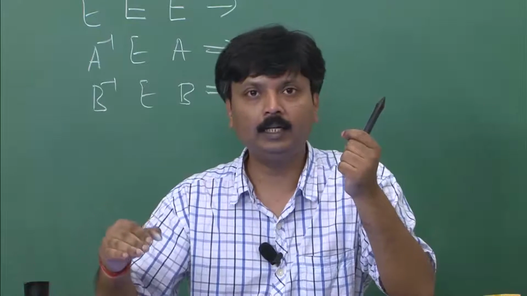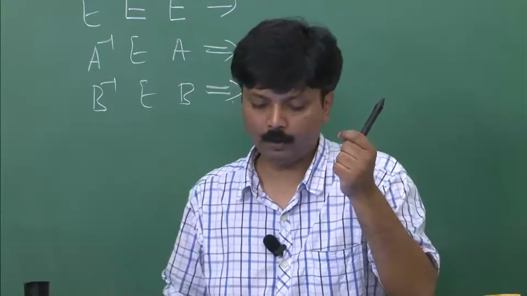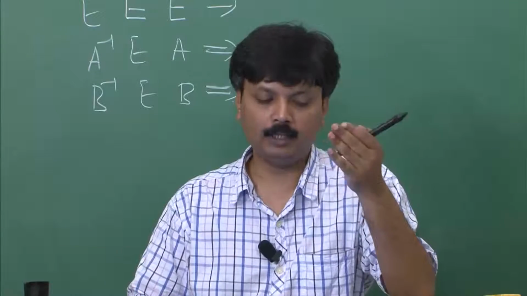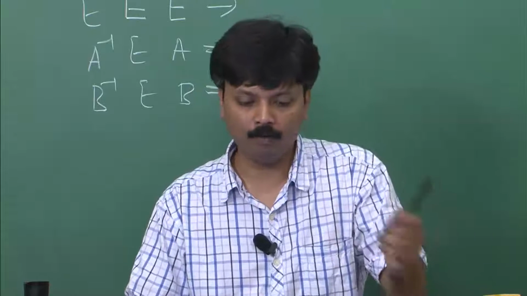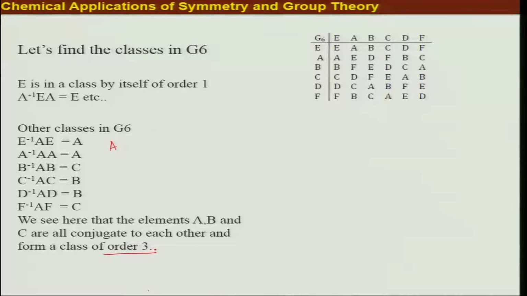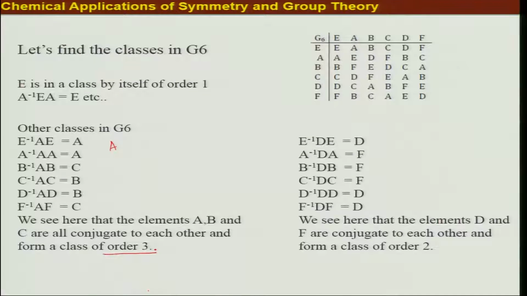So you start with one of them. If you do a similarity transformation of any one of them, you are going to get back A, B and C, which you have already found, so there is no point in repeating the same thing. So you do it with, say, D. You could choose F as well; both of them will give you the same result.